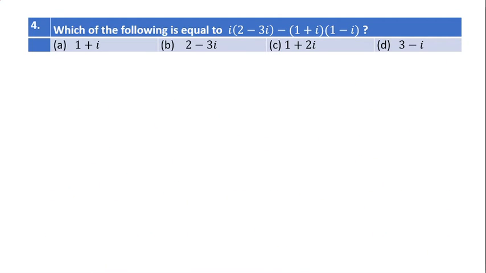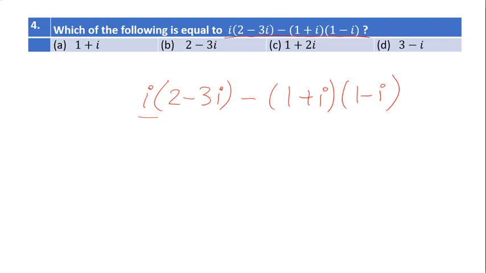Which of the following is equal to this one? It's a straightforward question. You just use the distribution property, and maybe you can use the special product rule. For this one, I will use straightforward distribution, 2i times 3i squared. Okay, don't forget this is i times i squared.